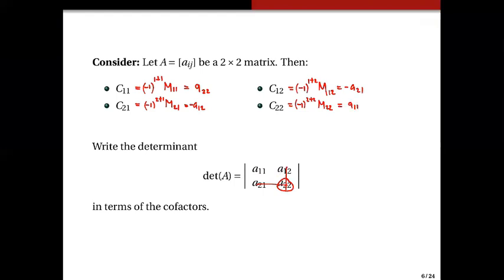Recall that the determinant of A using our standard formula is equal to A11 A22 minus A12 A21. Now we want to write the determinant in terms of the cofactors.